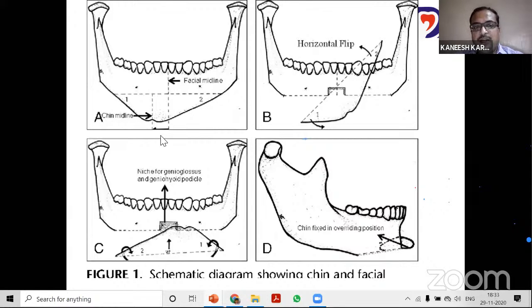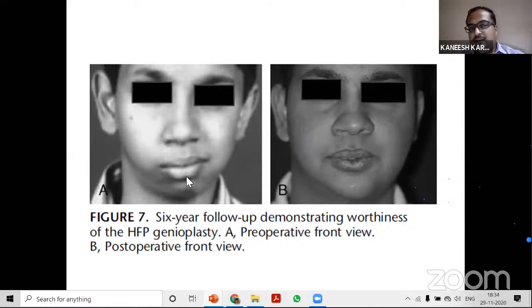This is the facial midline. What you do is you do a horizontal osteotomy, you flip the sides, you rotate it, and you keep a pedicle. Okay, you keep a pedicle for the genioglossus and the geniohyoid. Here it is the muscle attachment. You keep the pedicle, you rotate it, flip it, and place it. See, this is the result. See here, horizontal flipping osteotomy.